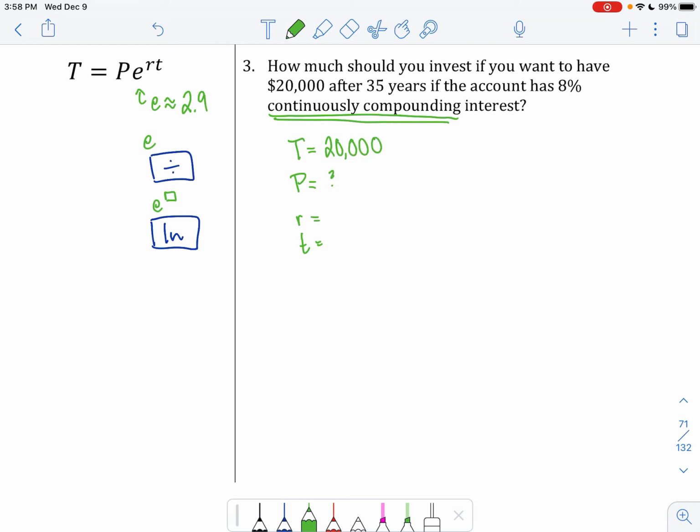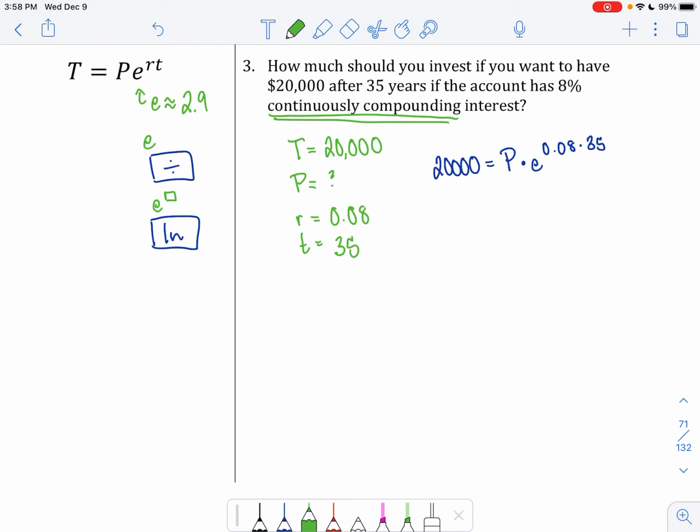Our principal is our unknown. Our rate is 8%, so 0.08, and our time is 35. So I'm going to plug that into my formula: 20,000 is equal to P times E to the 0.08 times 35.